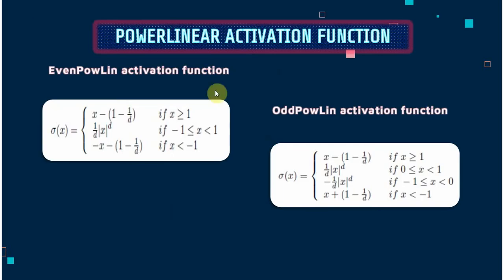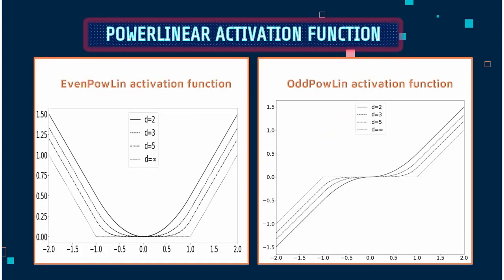As you can see here, polylinear activation functions have two branches: even polylinear activation functions and odd polylinear activation functions, and these are the diagrams of these activation functions. Even polylinear activation function is an even function, and the same points in the negative and positive regions have the same value of output.